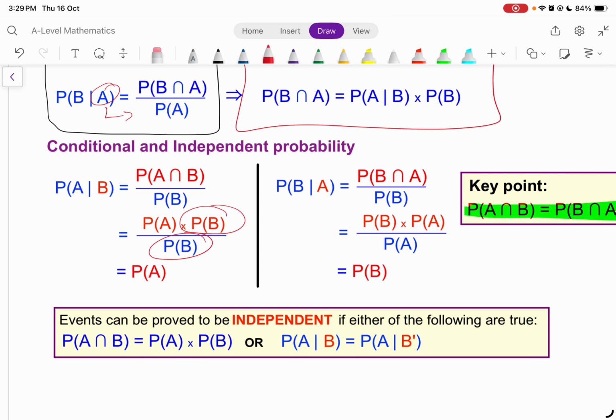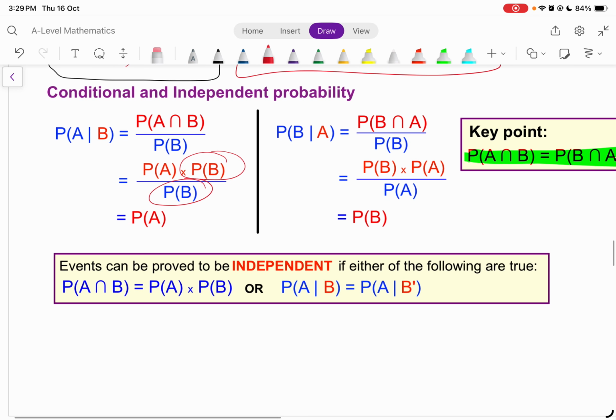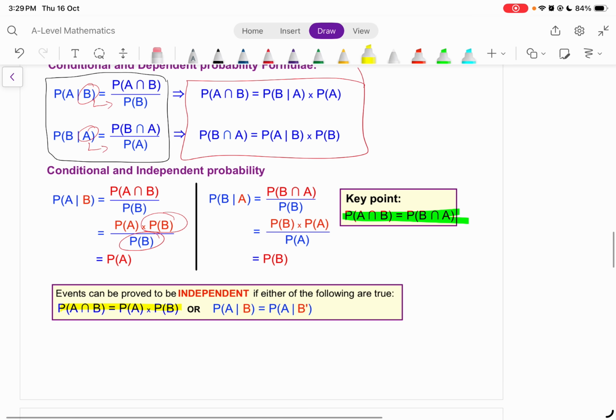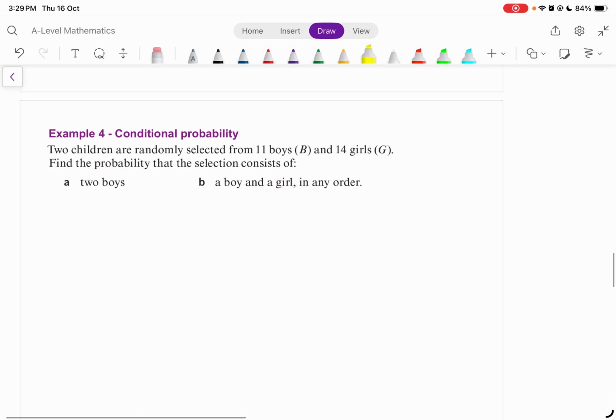Over here, we can also say that independent is true if one of them exists. 第一个是我们学过的。第二个是 probability of given condition B with occurrence of A equals to given probability of not B with A. I probably do not want to do the proof over here, but yep, if you really want to see the proof, 你就跟我讲啦 okay? And I will try and see if I can organize it.